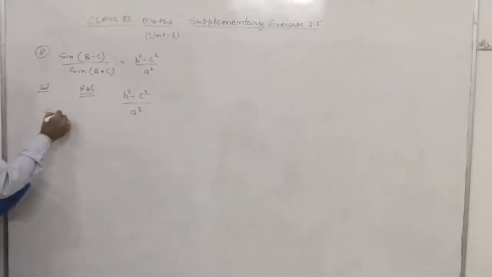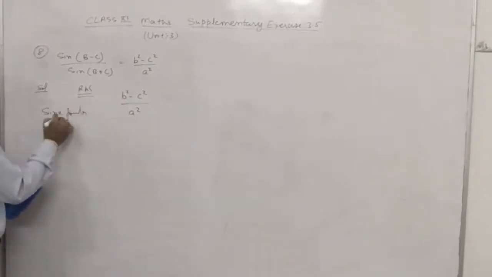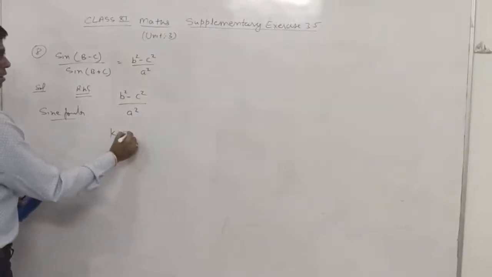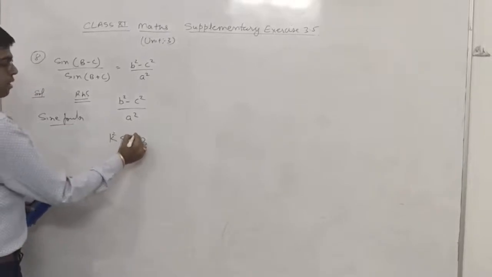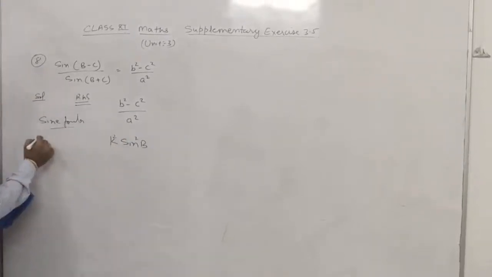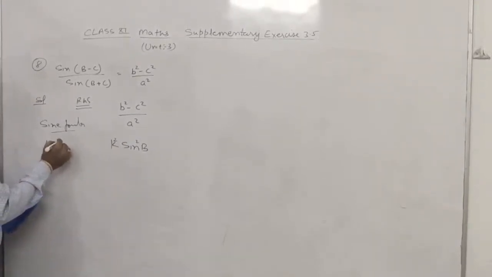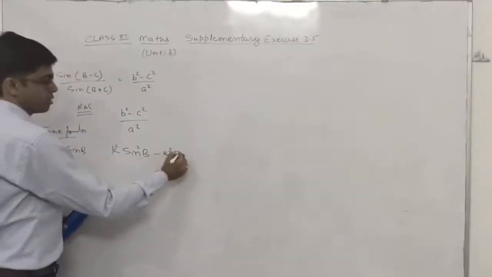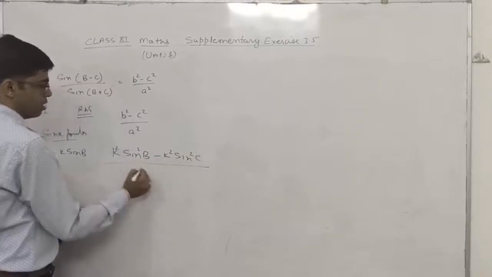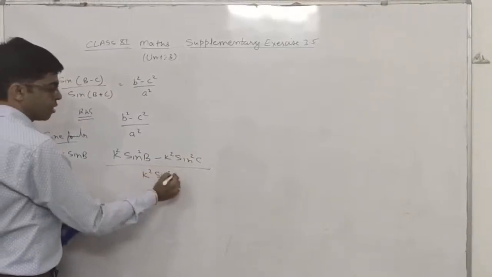Using the sine formula, a = k sin A, b = k sin B, c = k sin C. So we get k square sine square b minus k square sine square c upon k square sine square a.